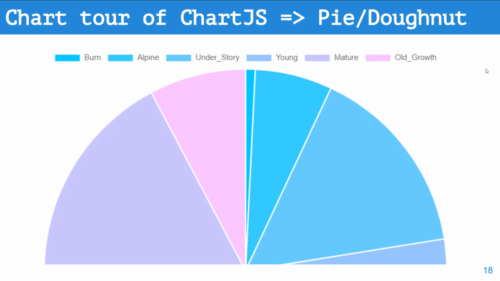So to distinguish between future charts coming up, a pie chart, the segment angle, right? How big is that slice of pie? Changes. Radius is the same. Donut just takes the center of the pie chart out. You can decide how big you want your donut to be.